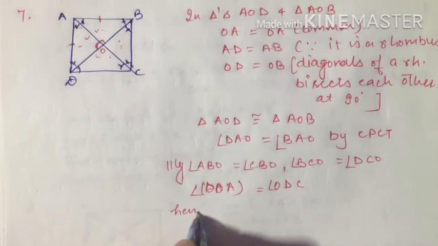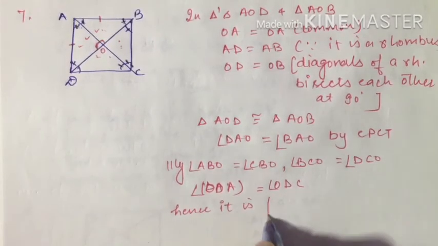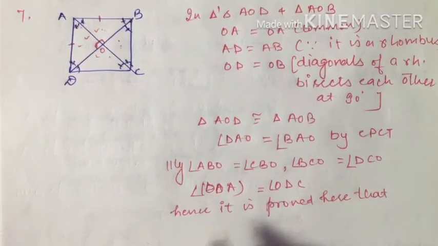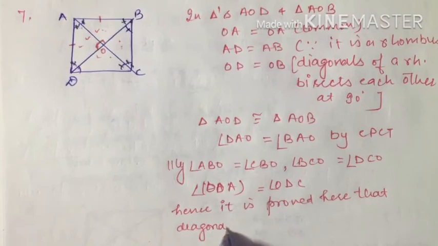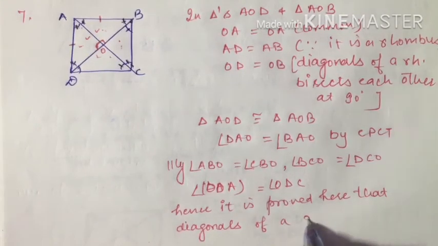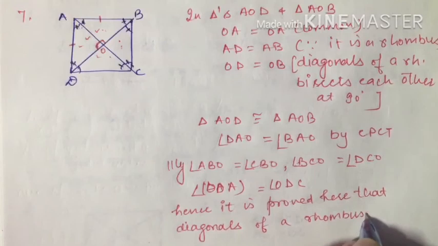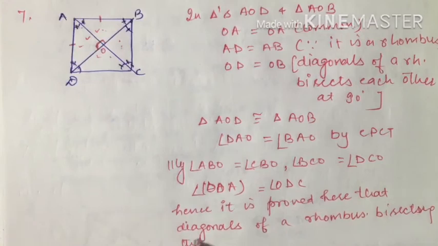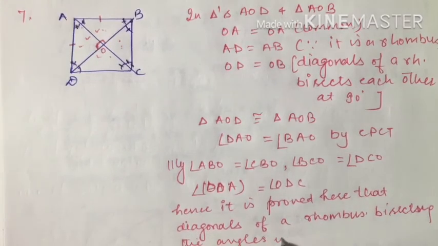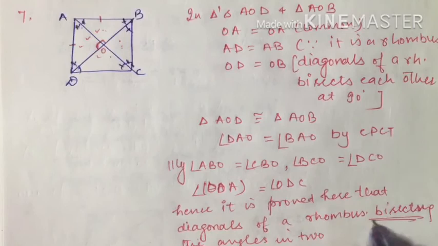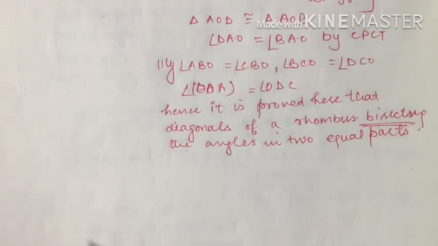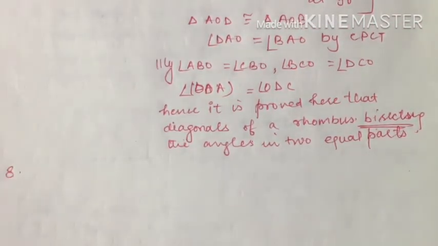Hence it is proved here that diagonals of a rhombus bisect the angles in two equal parts. This is the meaning of bisecting: two equal parts, or two equal angles. I hope this question also is clear for everyone. Let us see the next question of this.